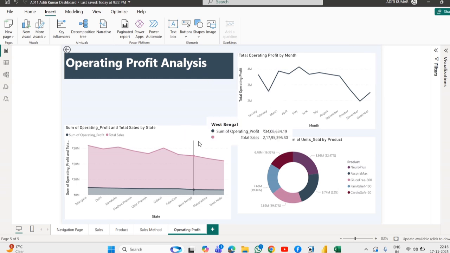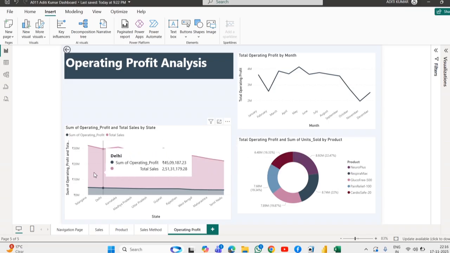Coming next is the line and area chart, which helps me analyze both aspects, that is the sum of operating profit and the total sales by state. This gives a brief, segmented analysis of which state has the highest total sales, and in which state the sum of operating profit is the most and the least.